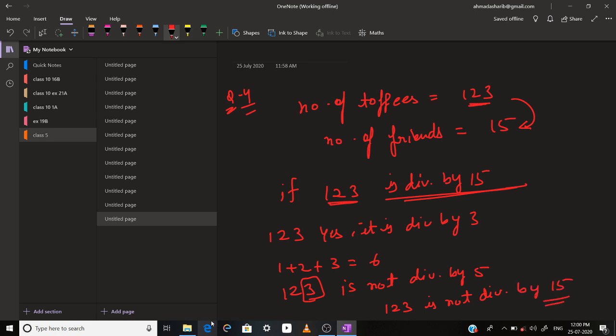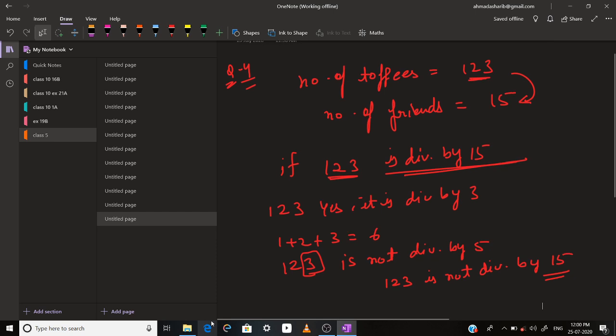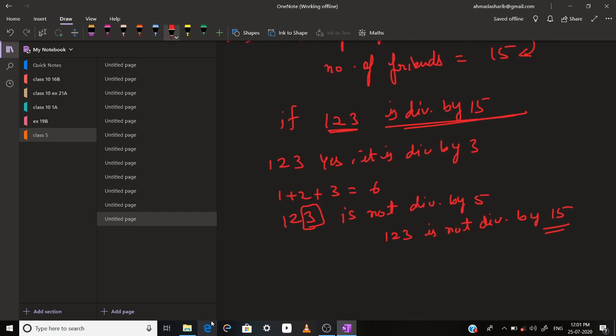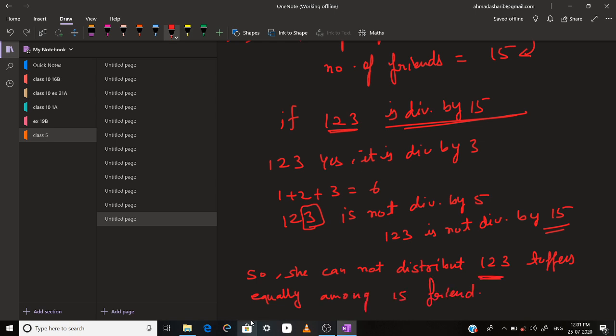In this way you will do this question in your copy. So she cannot distribute 123 toffees equally among 15 friends, because 123 is not divisible by 15.